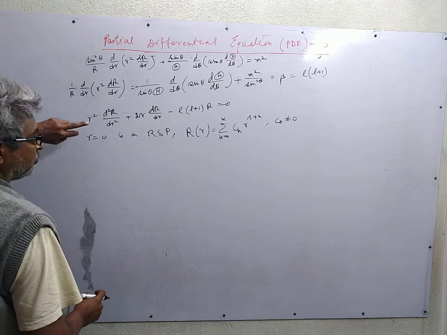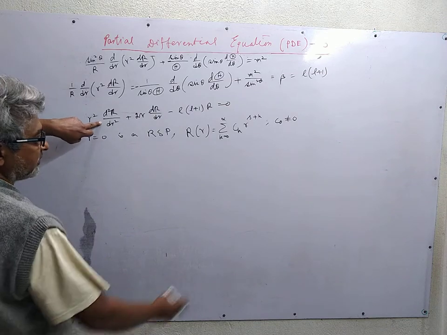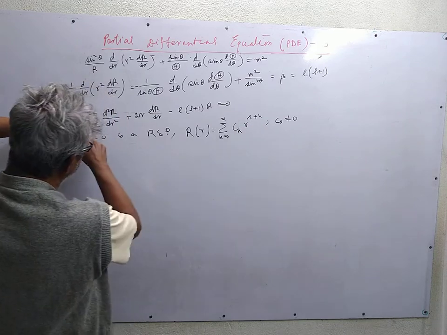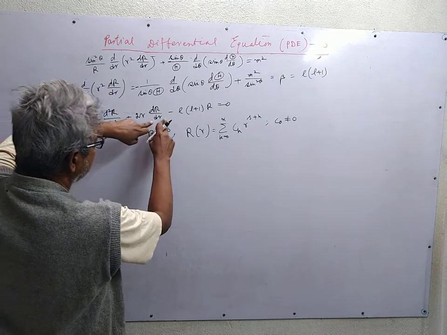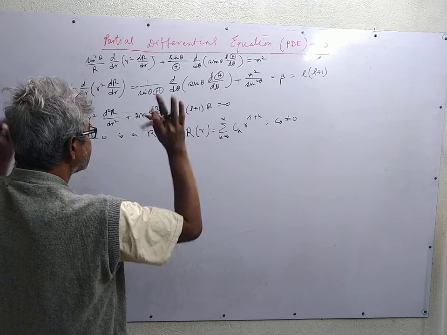So when this is differentiated twice, the power will reduce by 2, which is being adjusted by this. Again, all the terms will have a single power.